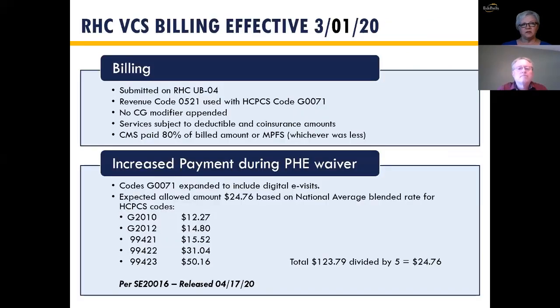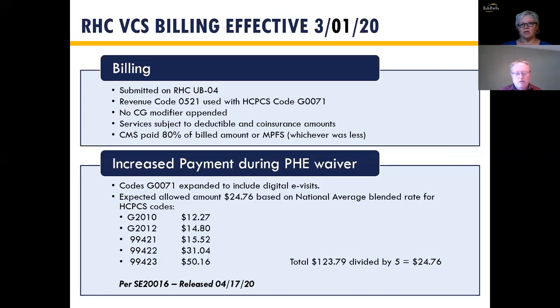So effective for the virtual communication services that we talked about before, where the payment was $13.53, beginning March 1st, they've expanded this. In the beginning, they took the national average of just the codes G2010 and G2012, but now they've expanded that to include 99421 to 99423.